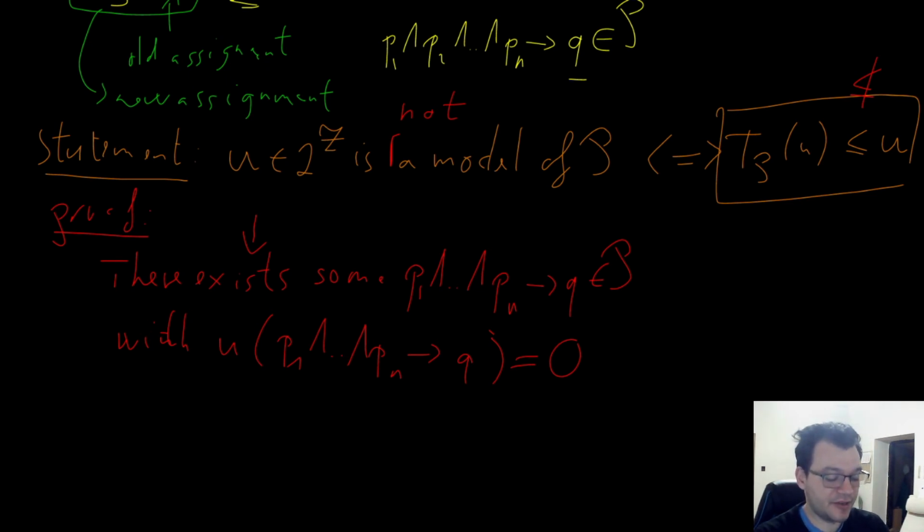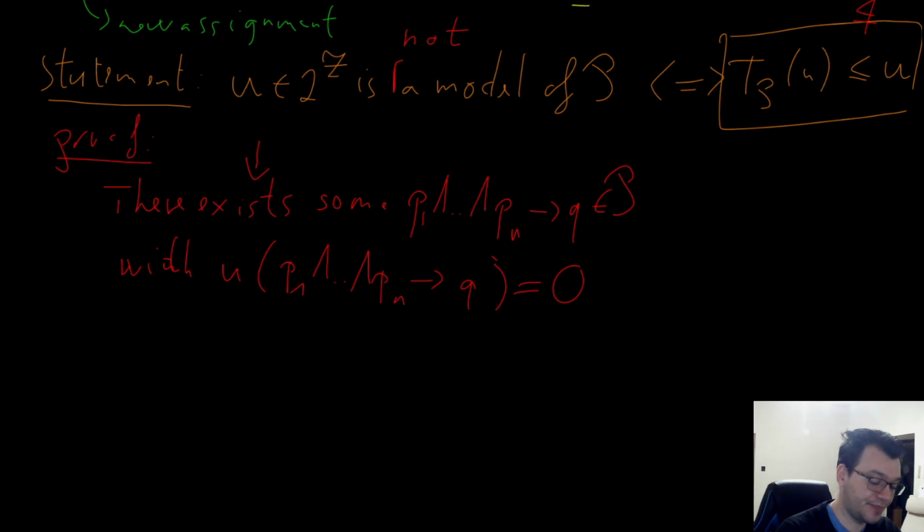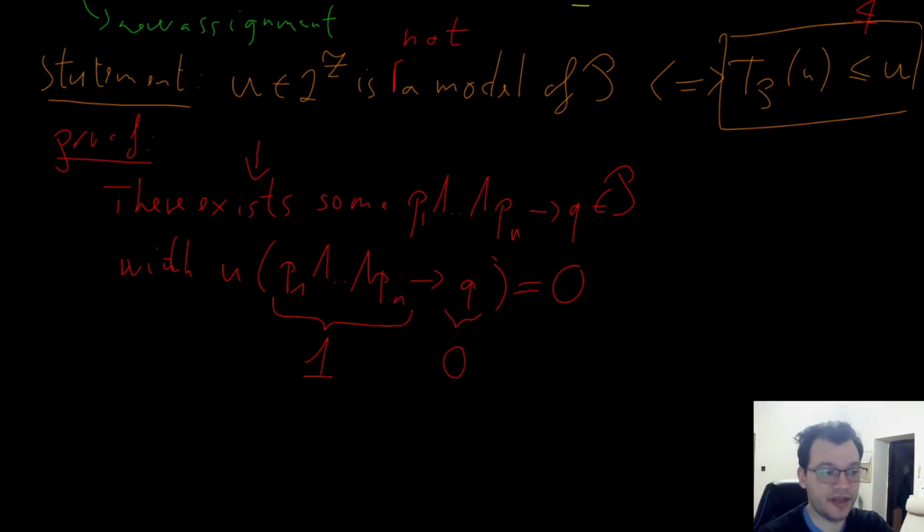Now, how can an implication be 0? It can be 0 only one way. It's just that the left hand side, the body of the clause, should be evaluated to 1, while the Q should be evaluated to 0. This is the only case when the implication becomes false. And if a conjunction here in this body is 1, then it means that each of these is 1.